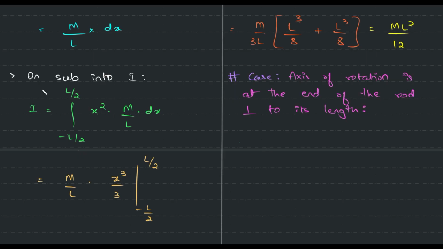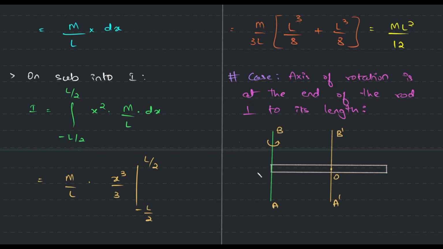Let me draw this. That's our axis of rotation, and then we have this as the axis through the center. We can call this A dash B dash, and this is AB. That's what we are concentrating on. We're trying to rotate this way, perpendicular to the length. So how can we figure it out?